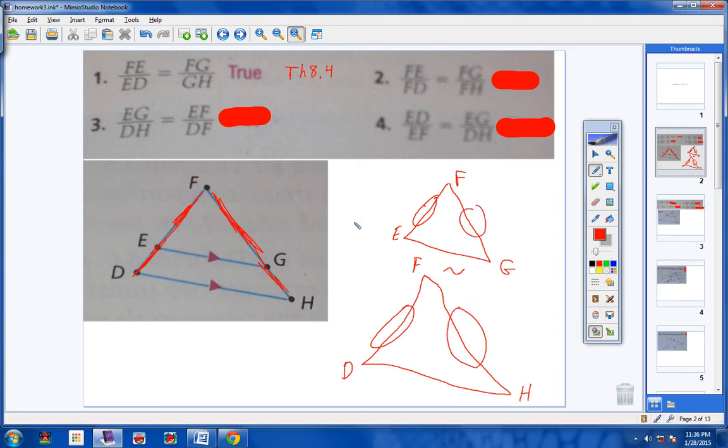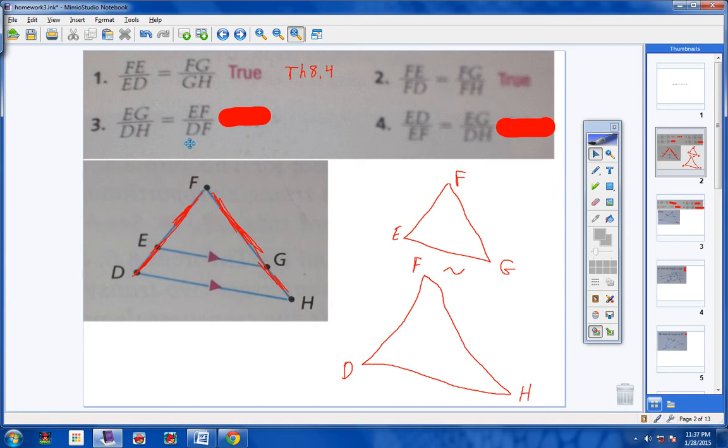And that's true because these two triangles are similar. So I guess the reason I would give is sides of similar triangles are proportional. If two triangles are similar, their sides are proportional.